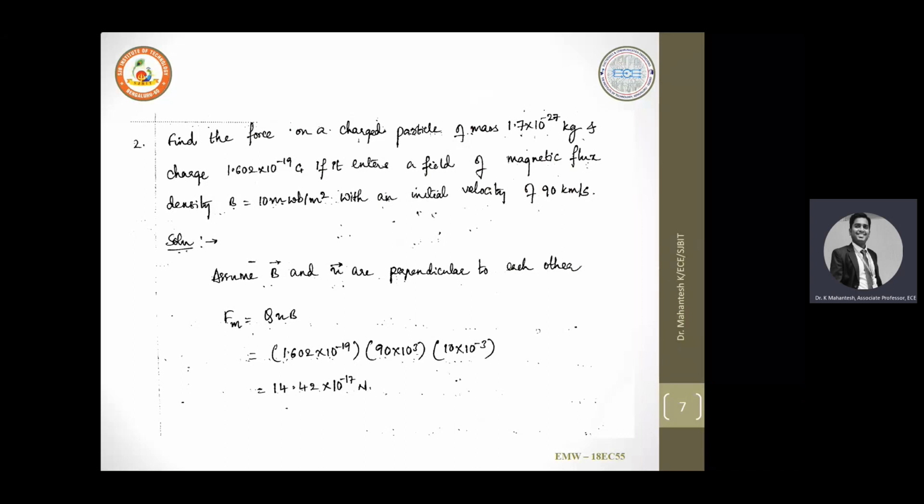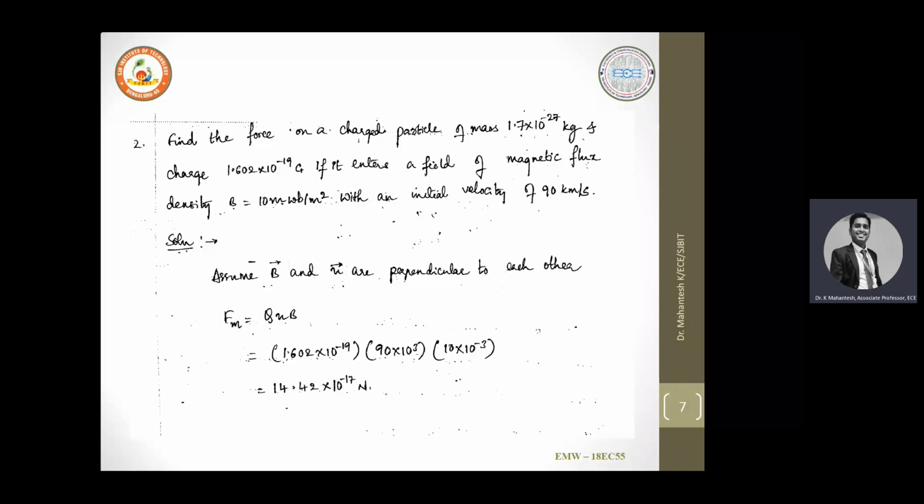Second example. Find the force on a charged particle of mass 1.7 into 10 power minus 27 kilograms and charge 1.602 into 10 power minus 19 coulomb, if it enters a field of magnetic flux density B of 10 milliweber per meter square with an initial velocity of 90 kilometers per second.